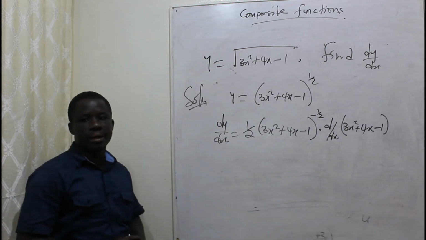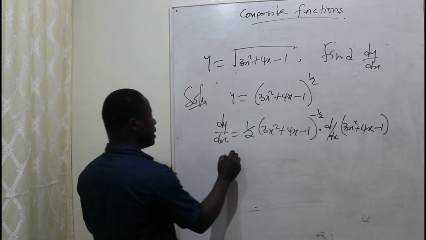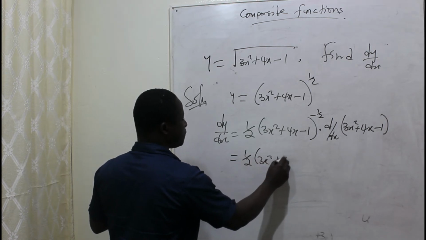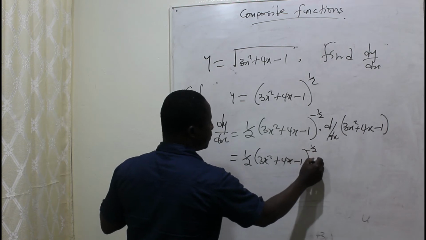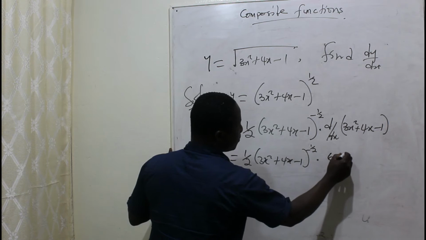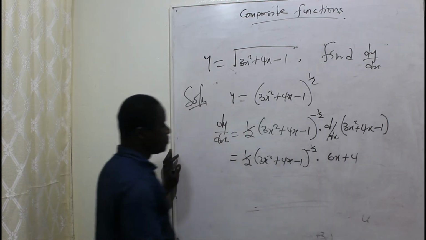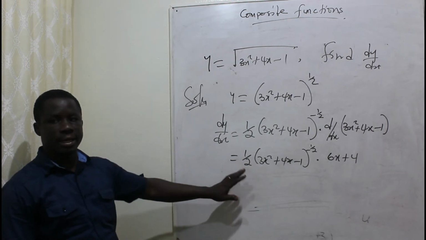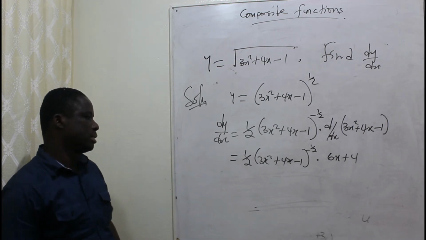The rest is algebra. We try to simplify and see what we will get. So this side is now half (3x squared + 4x - 1) exponent negative half. Differentiating the inside term will give us 6x + 4. So when you have such a solution, you can simplify further.